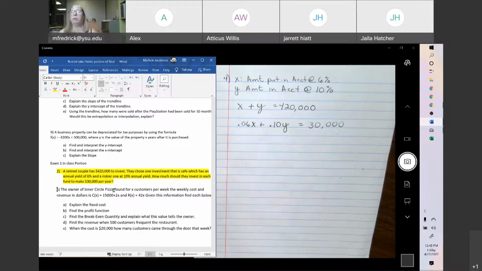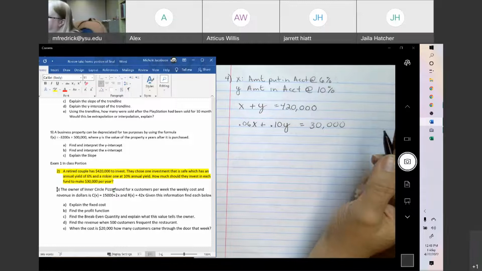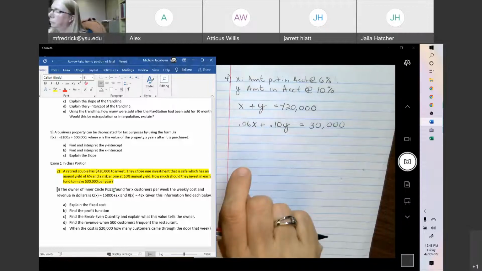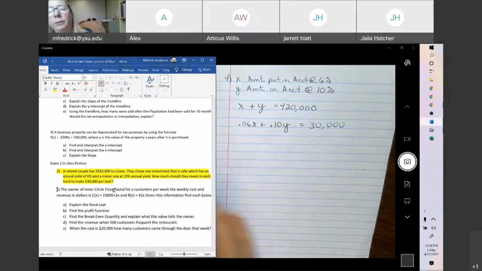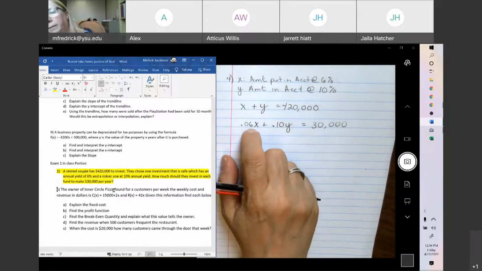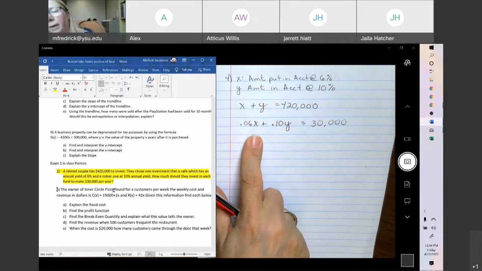Now you can solve this by elimination or substitution. Would you use elimination or substitution? Remember, elimination is where we get a variable when we add to drop out.